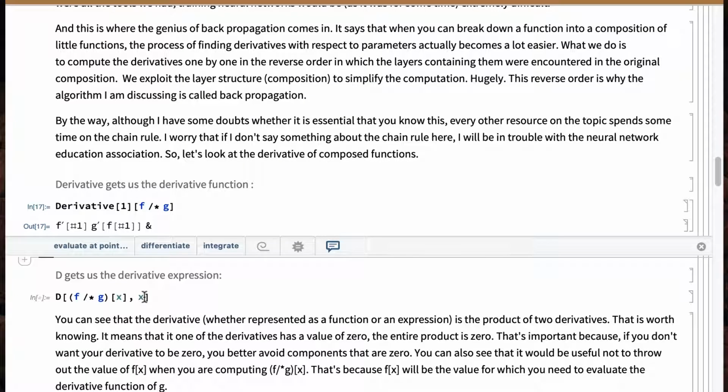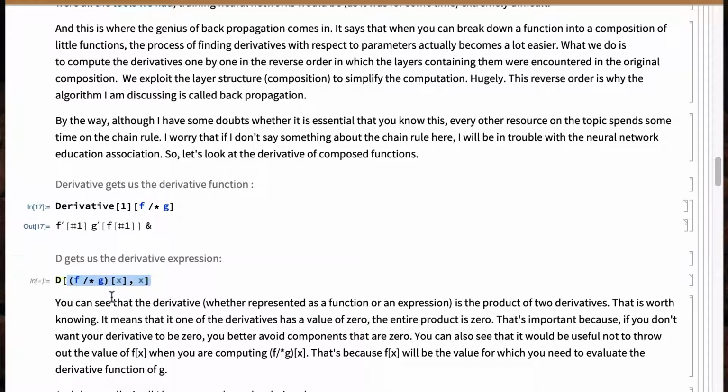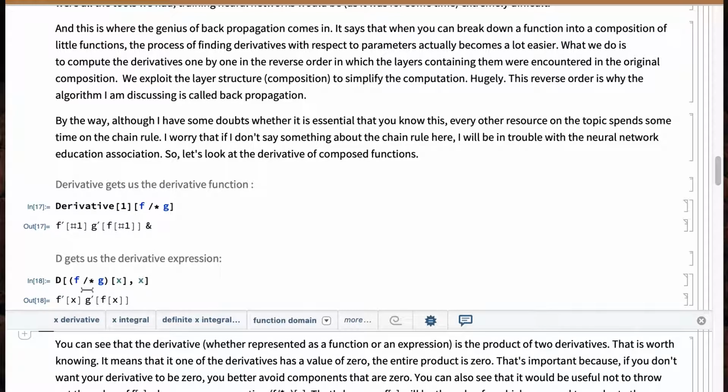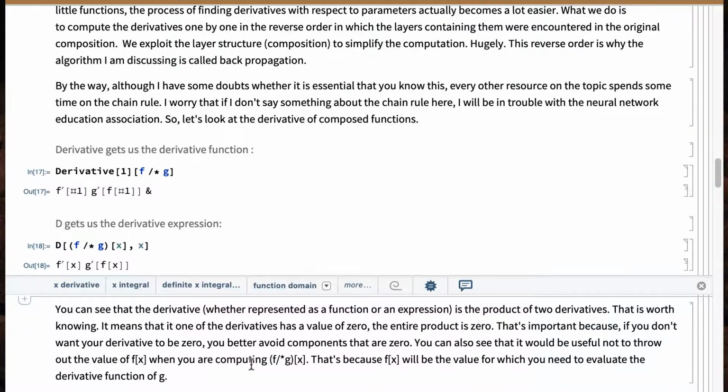If we wanted to see what the actual derivative expression was, we could use d. We'll actually apply our composed function to x here and take the derivative with respect to x. And any way you slice it, you get the same thing. Really, it's the derivative function of f applied at its input x multiplied by the derivative function g applied at the output from the first function f.